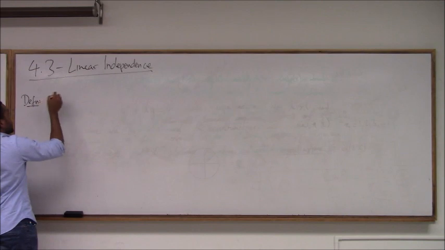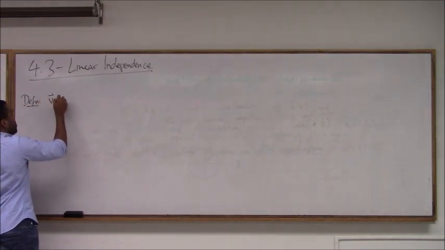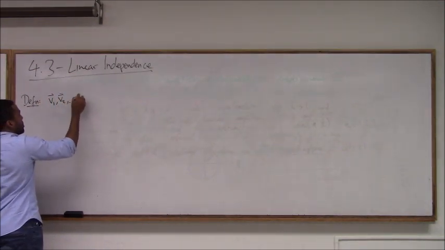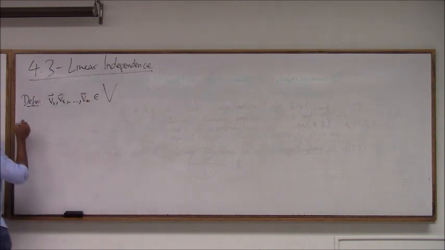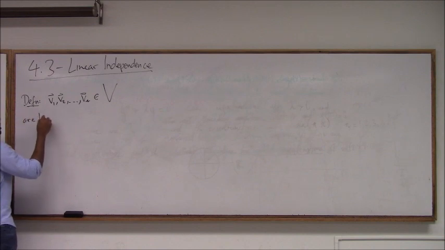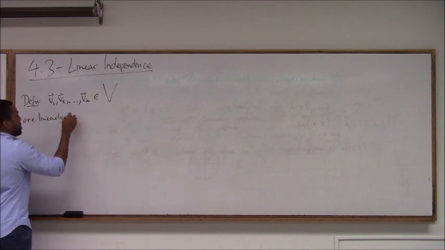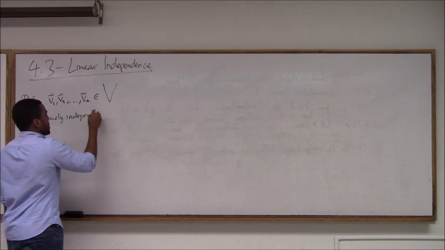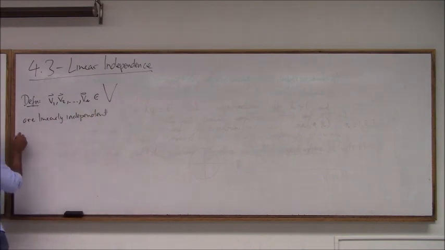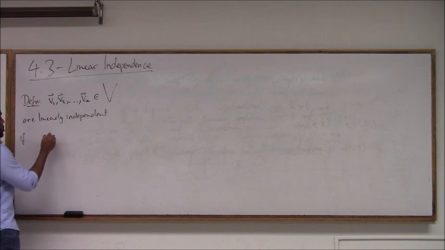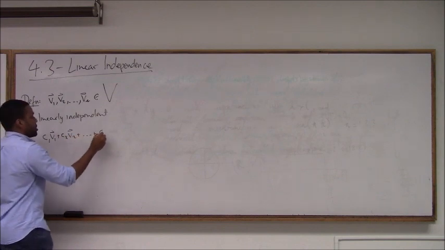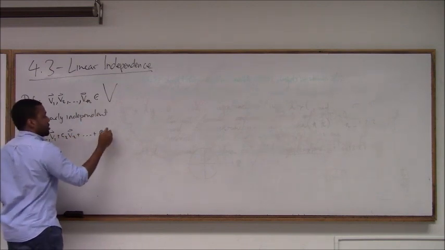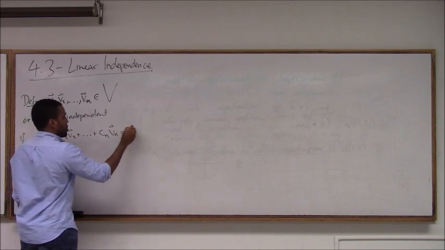We say that v1, v2, ..., vn in some vector space V are linearly independent, and we can define this in terms of an equation, if c1 v1 plus c2 v2 plus ... plus cn vn equals 0.